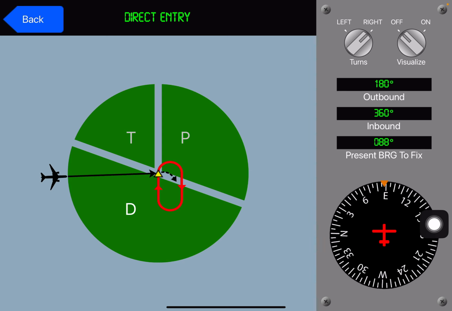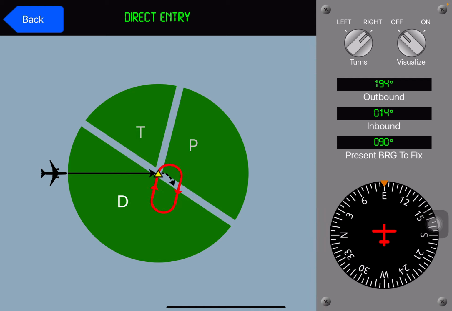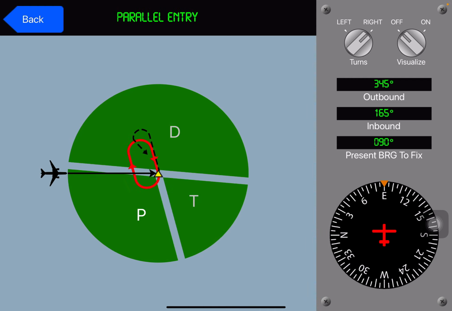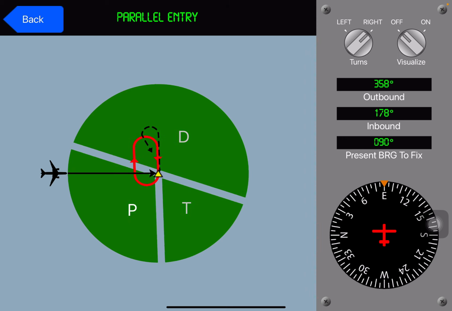Your initial heading towards the fix is 090, and you have been asked to hold on the 358 radial with an inbound course of 178. You're supposed to make it a parallel entry according to the holding computer. What would happen if you made a direct entry?